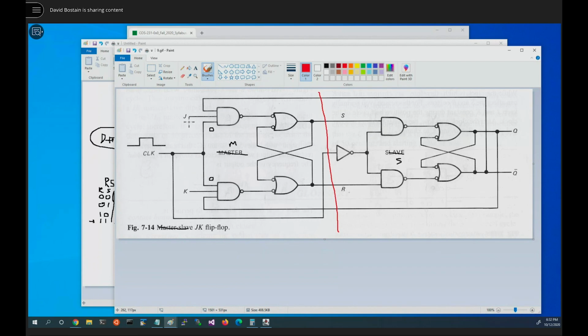First of all, if J and K are zeros, we've really made it so this thing can't do anything even if the clock goes to a 1, which it will, right? So if J and K are both zeros, it doesn't matter what the clock is doing. These guys are off. They can't pass any data.